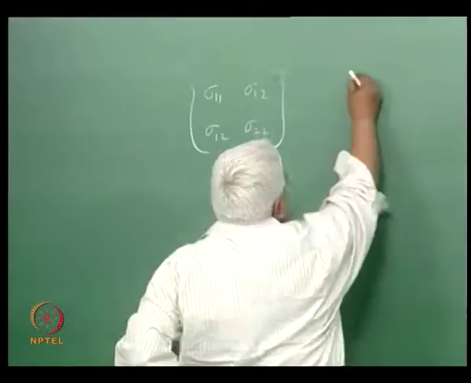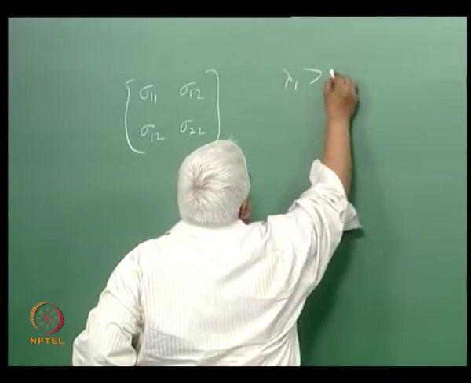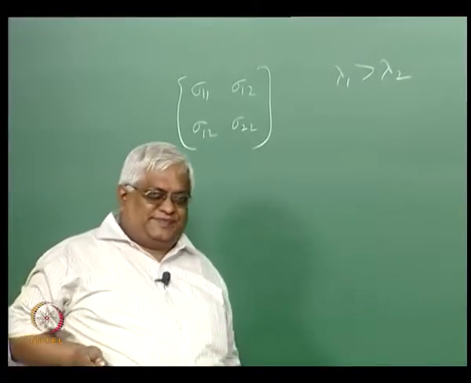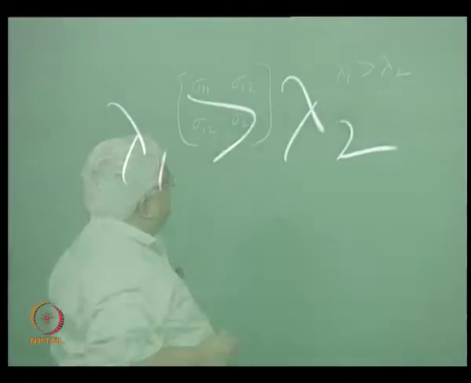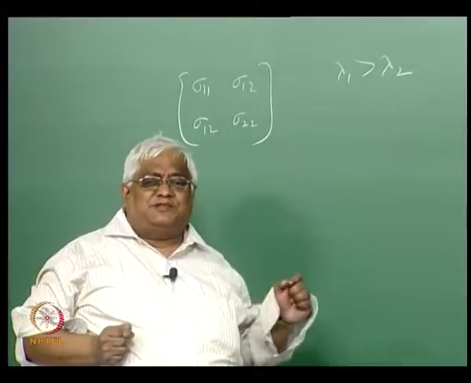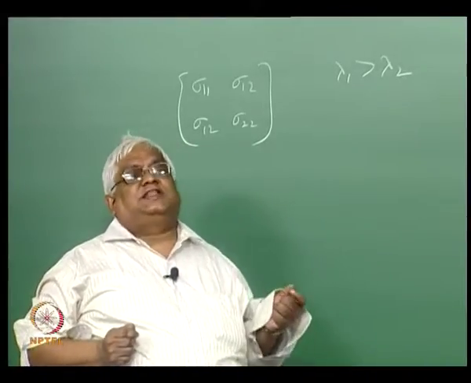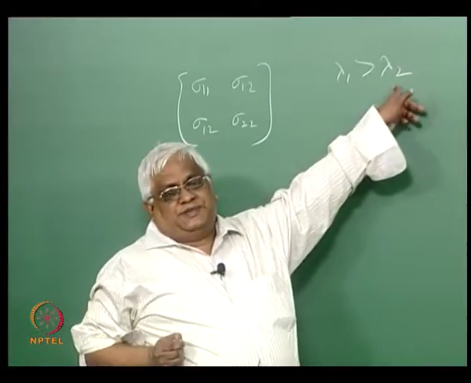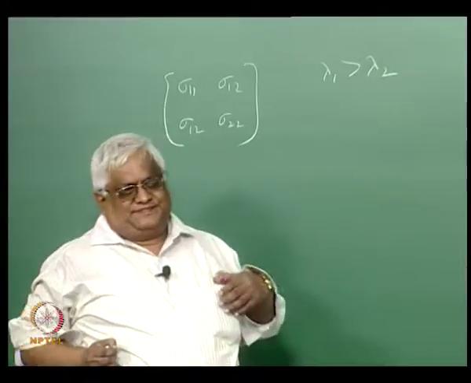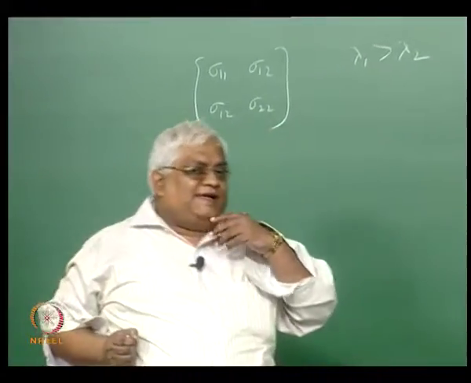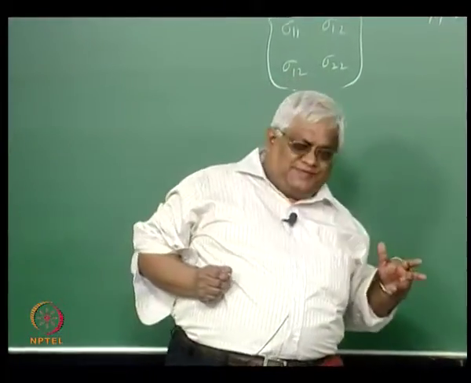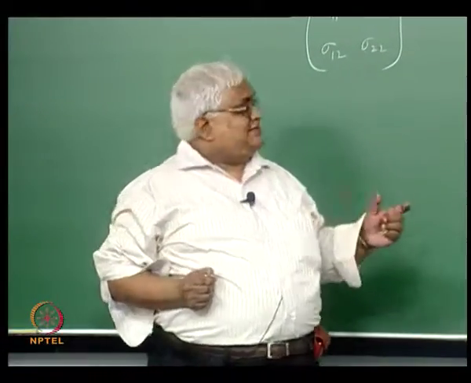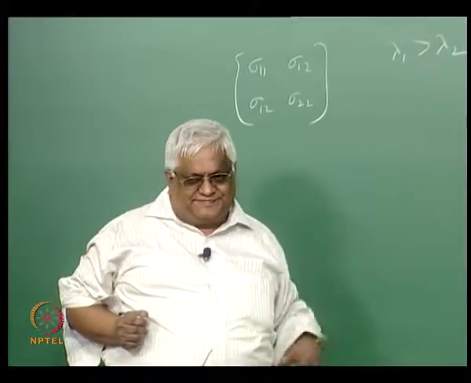Let us call the eigenvalues lambda 1 and lambda 2, and lambda 1 is greater than lambda 2. Now, if the variables are related, let us just say linearly, then what is going to happen to the value of lambda 2? Lambda 2 will be 0. If the variables are related linearly, that means there is a direct relationship between the values, then this matrix will be of rank 1.